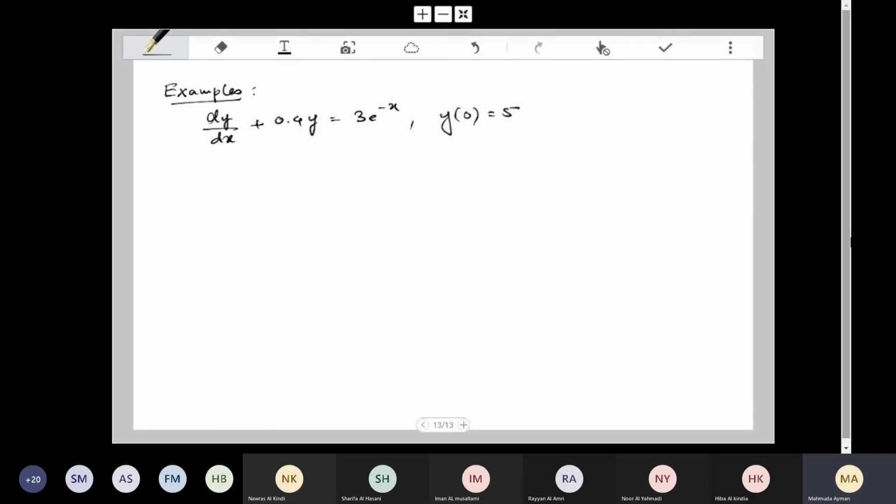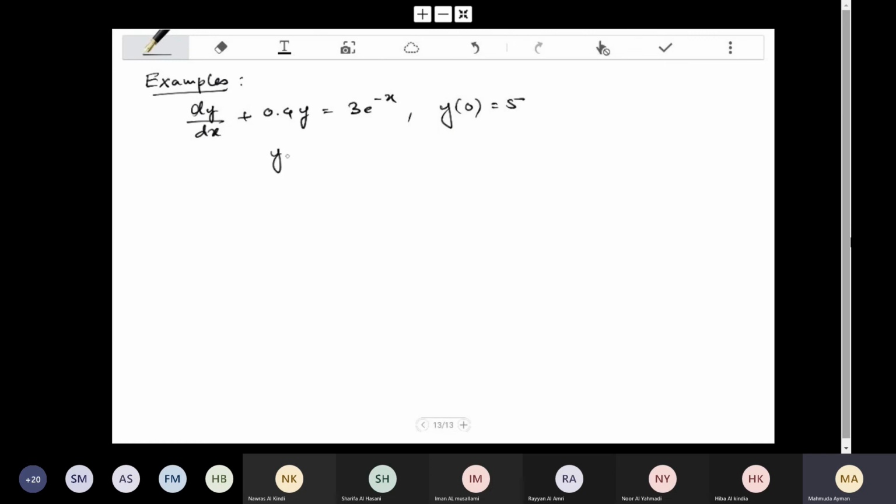And we are supposed to find out the value of y at x equal to 3. What would be the value of y? And let's say we are given h is equal to 3 here. So can you all tell me, is the differential equation in the right form to solve with Euler's method? No. So we have to make it in the right form now.